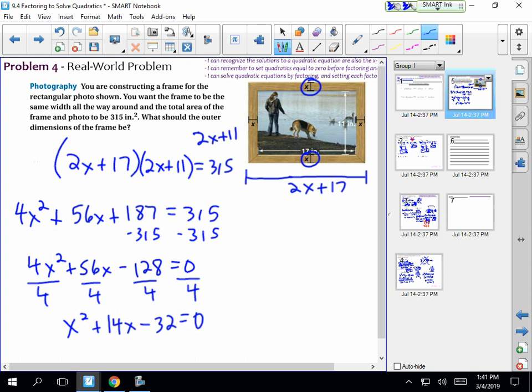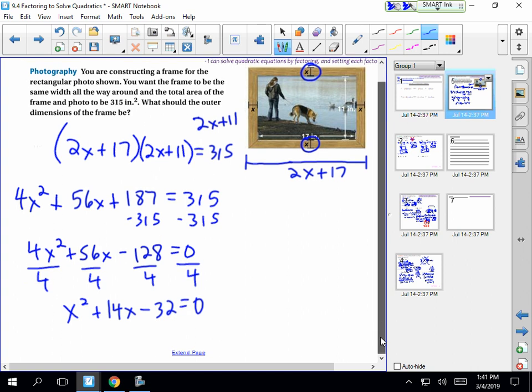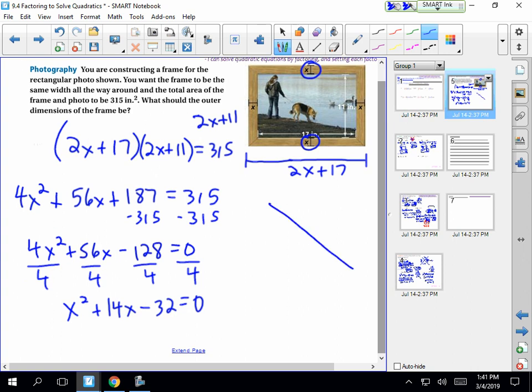Yeah. How is 187 minus 315 negative 128? Because you find the difference between 315 and 187. Final steps are to find factors of negative 32 that add to equal 14.